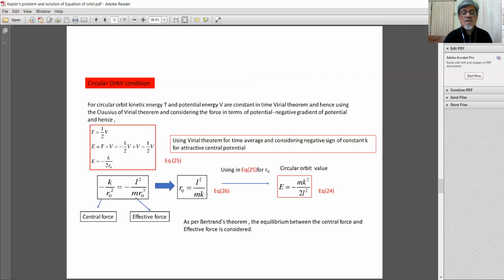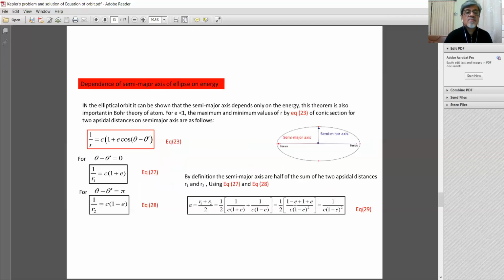So using equation number 25 and equation number 26, we can obtain E is equal to minus mk square divided by 2L square. So here we have used two different types of equations to obtain equation number 24, that is the circularity condition. We have used the virial theorem and the Bertrand theorem, and we obtained this relation.